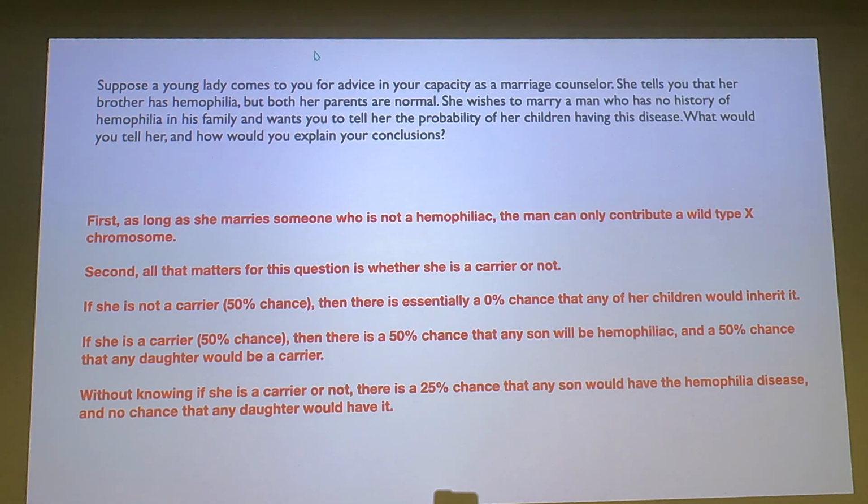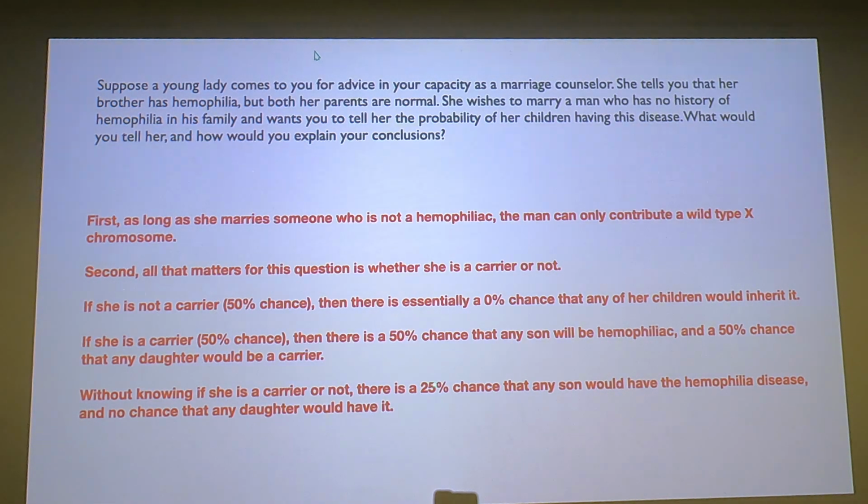Okay, if she is not a carrier, there's a 50% chance of that, and there's essentially a 0% chance that any of her children would inherit it. If she is a carrier, there's a 50% chance of that. Then there's a 50% chance that any son will be hemophiliac, and a 50% chance that any daughter would be a carrier.